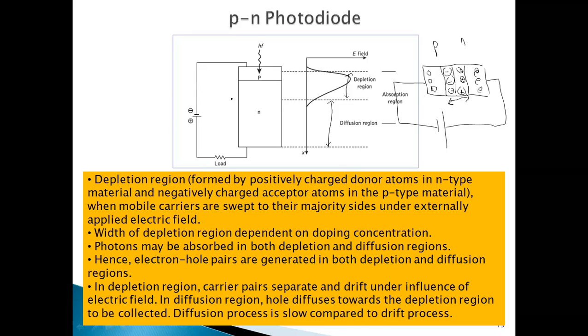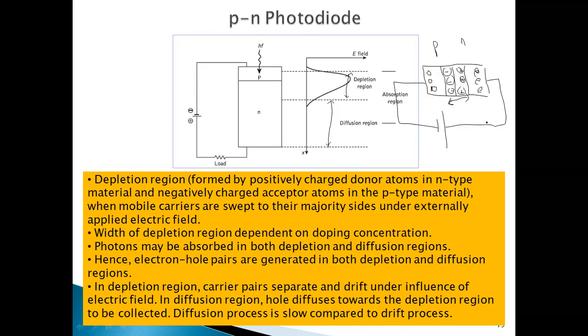But in the diffusion region, there is no drifting, but it will be a process of diffusion of the holes towards the depletion region, in which it can be said that for the second mechanism of diffusion in the N region, or in the diffusion region here, the process is very slow as compared to the previous drift process in the depletion region.